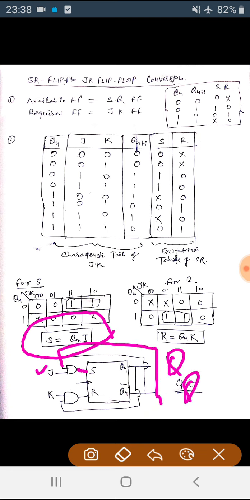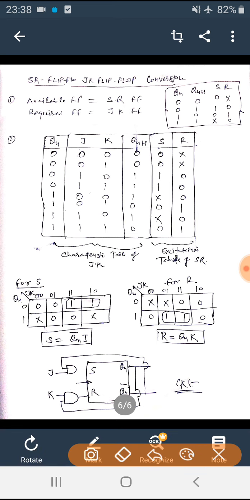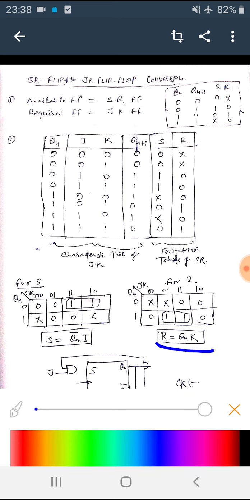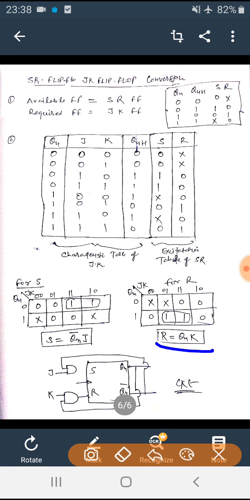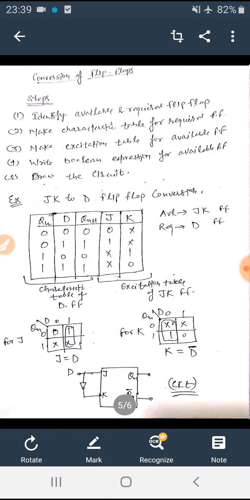This is Q, this is Qn bar, and similarly R is equal to K multiplied by Qn, which is again implemented using an AND gate. So this is how we can convert one flip-flop to another flip-flop using 5 simple steps.